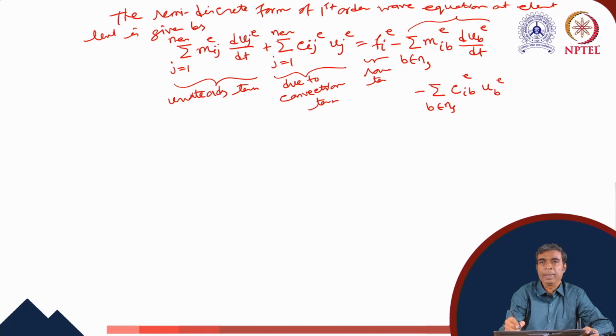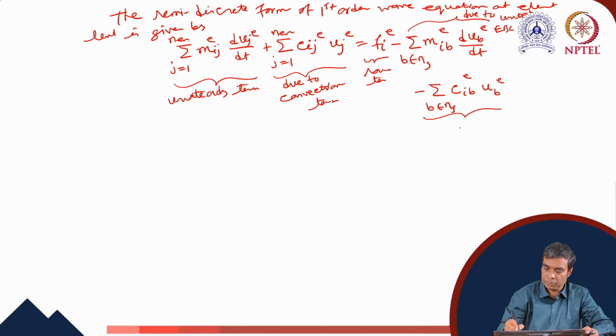Here, the second part in the right hand side, this is due to unsteady EBC, and this portion, this is because of EBC. Okay, so these BC portions, they are the known terms, boundary conditions. So we have shifted them to the right hand side.